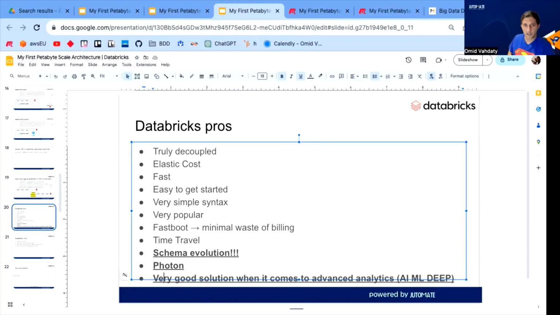It's not unique. Some other technologies have it, but it's very useful. Is that considered bitemporality? Is that what that is? I'm not sure what bitemporality is, but the time travel functionality allows you to get the historical value of a specific cell.